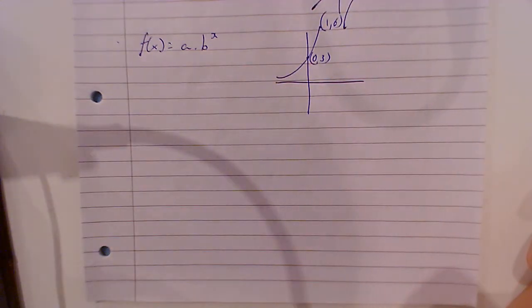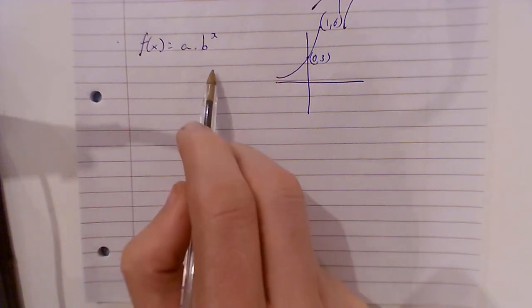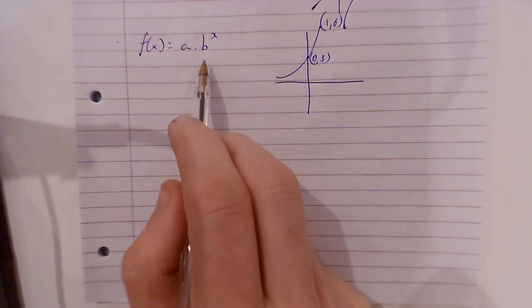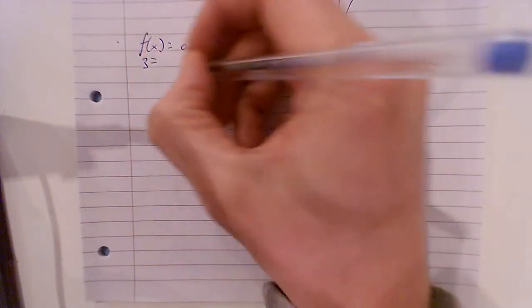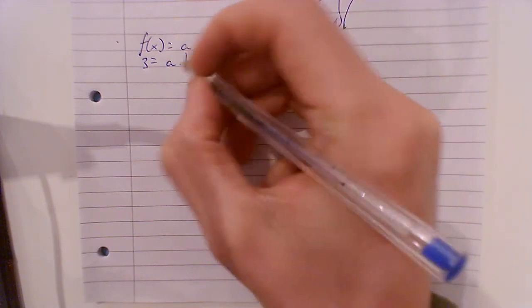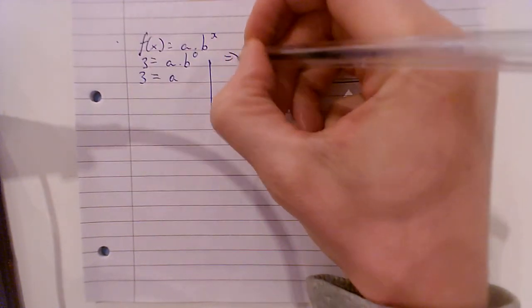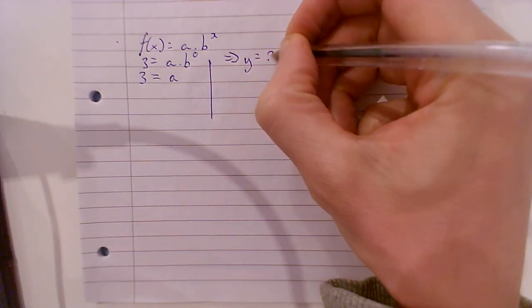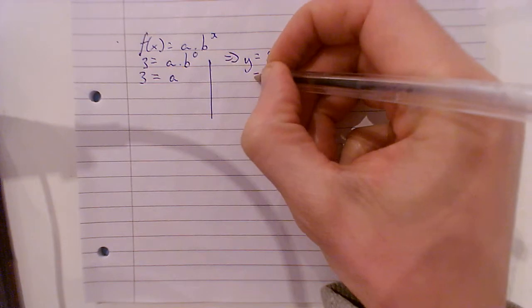We've got 2 points. Our y value is 3, our x value is 0. Anything to the power of 0 is 1, so a equals 3. So here, y equals 3 b to the x. Now we need to find b.